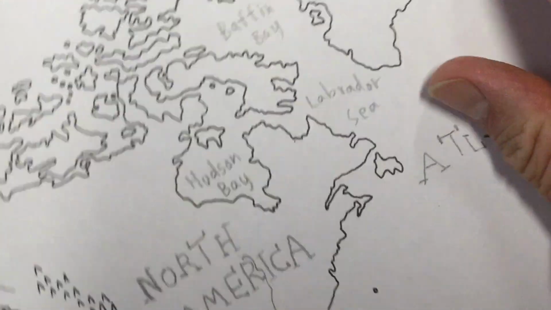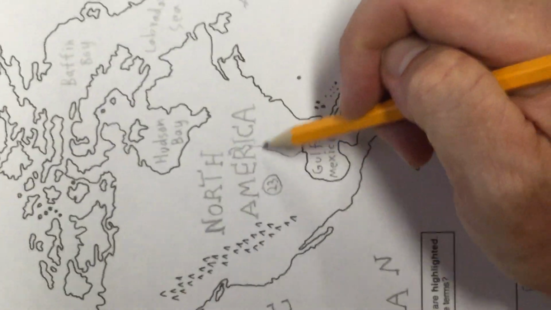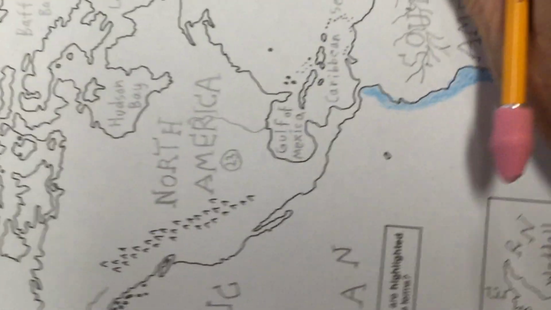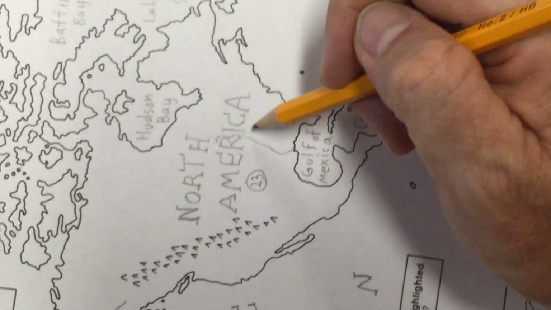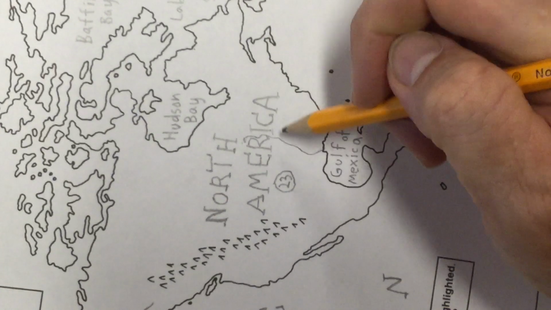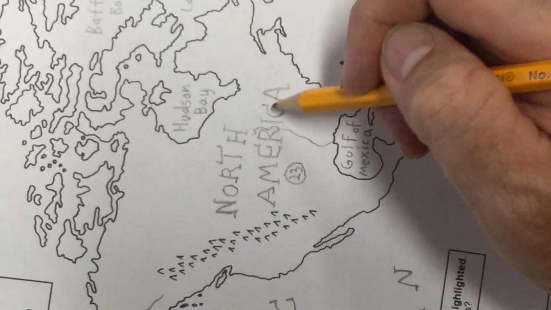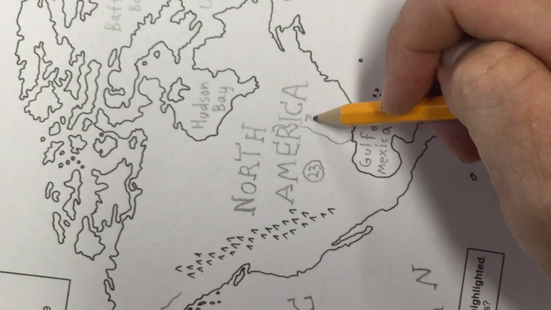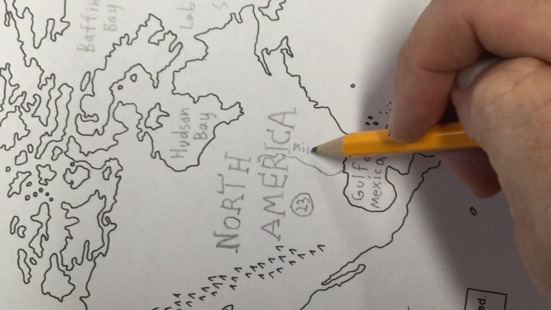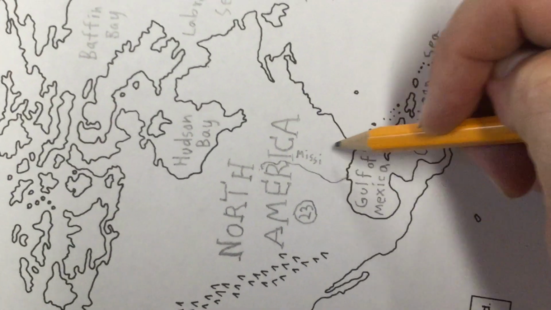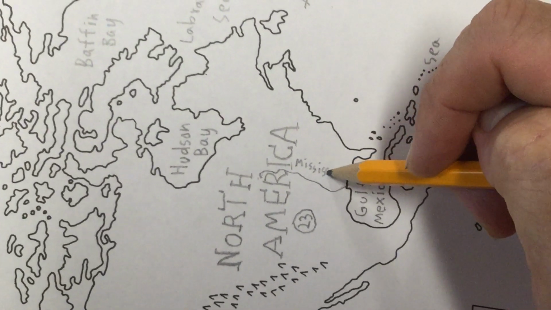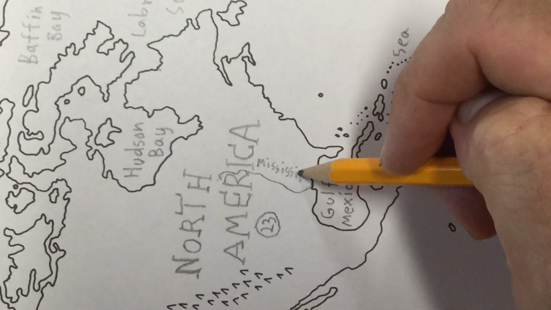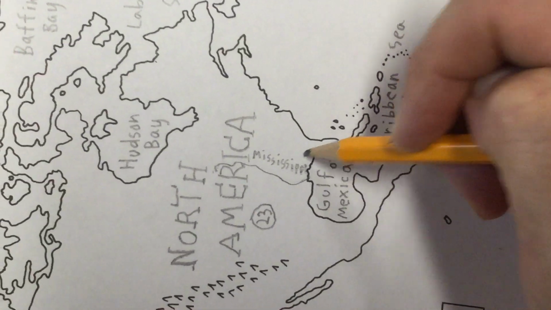So first let's turn our paper a little bit, and I'm going to try to label it. I'm going to have to write small. Mississippi.